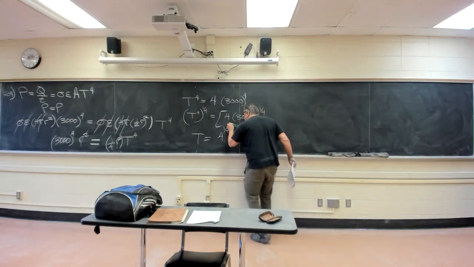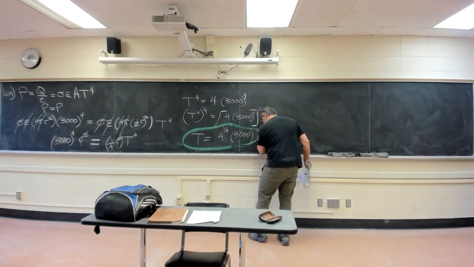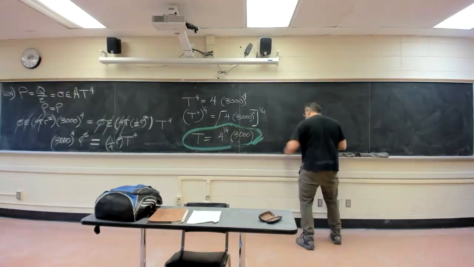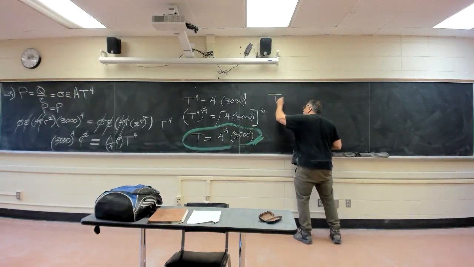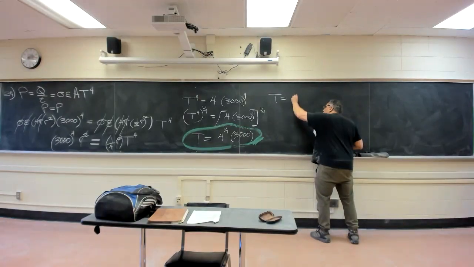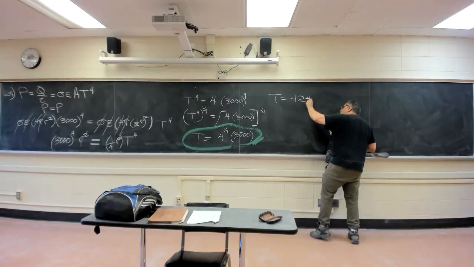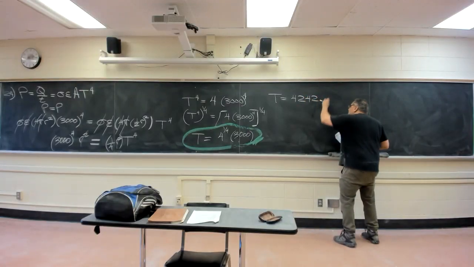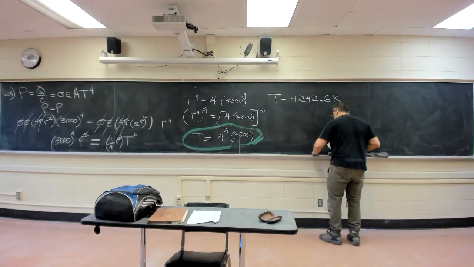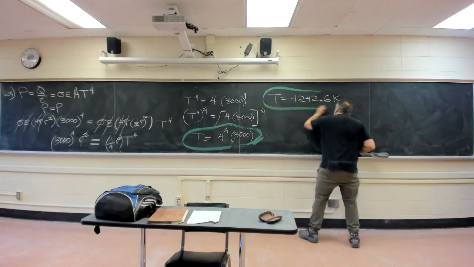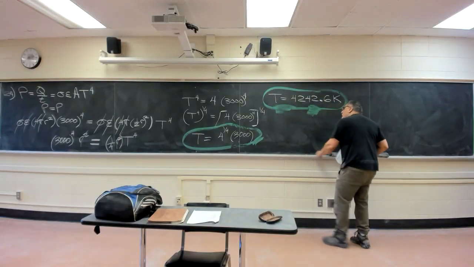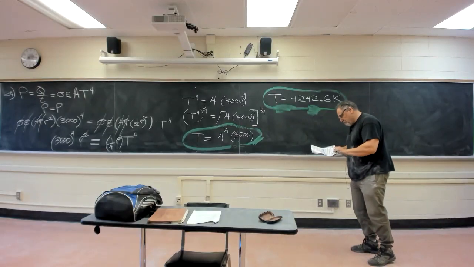I mean, we're not done, but there are a lot of big moves you got to make, and that's one of them. Grind that out, you guys. And you got 4,242.6 K. We suspected it had to be a greater surface temperature than what we had for that kind of power output to come out, for it to be equal to the star that had the bigger area where this was happening. And there you go.